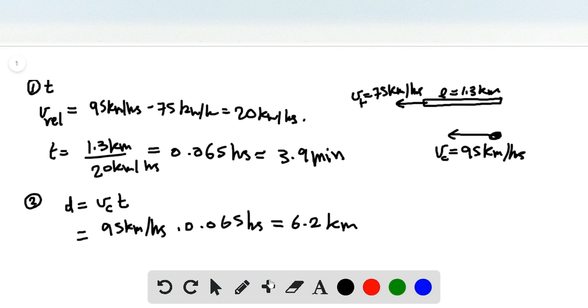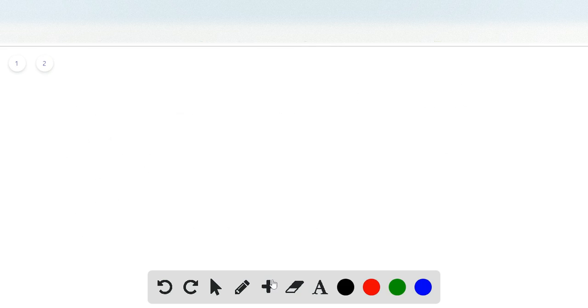So part 3 is what are these answers if the speeds are opposite to each other. So here's the train going, let's say, this way, and here's the car going this way. All right, so how long does it take the car to pass the train?